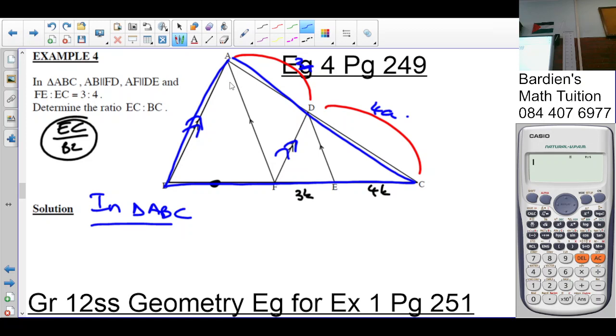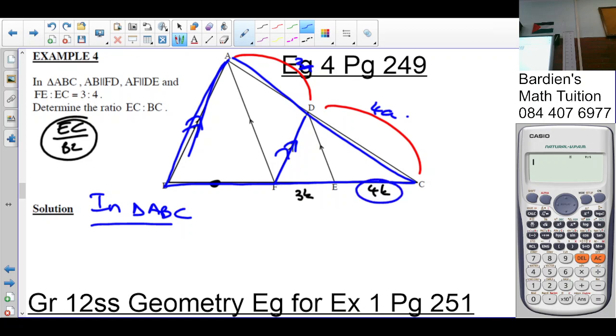Let's see if we can use this whole length. So if you look at the sides that is dividing here, I can use this as a whole BC, but I must come afterwards and divide it up.